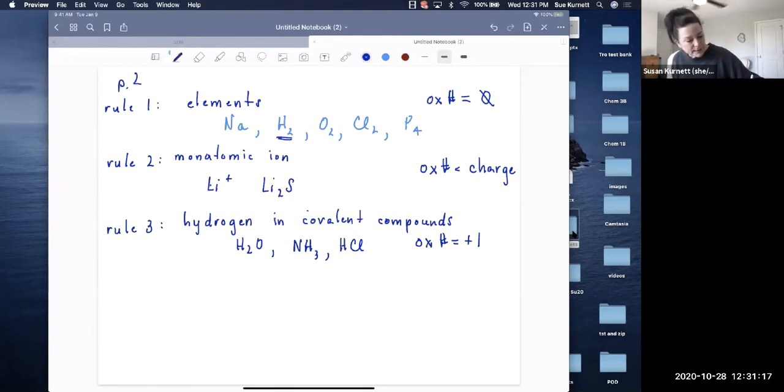Rule 4 is oxygen. So oxygen in any compound, ionic or covalent, is -2, typically.